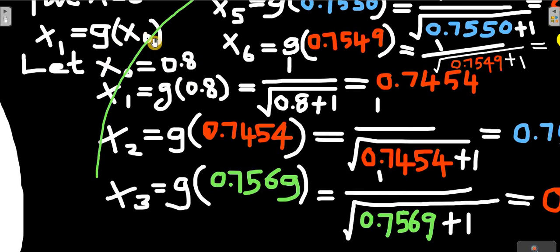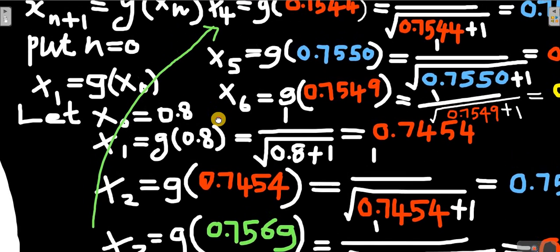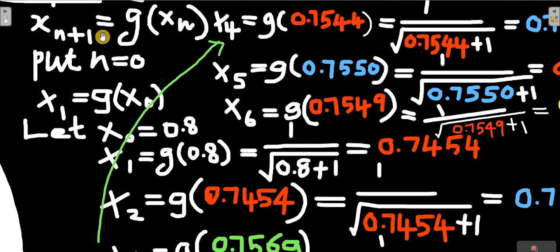So at x0 I put 0.8. Then x(n+1) equals g of x0, that is x1 equals g of x0.